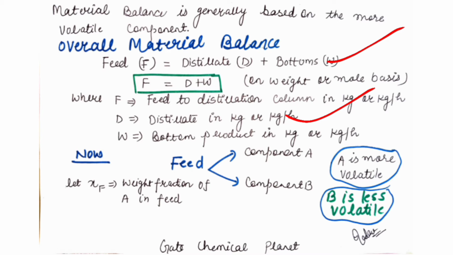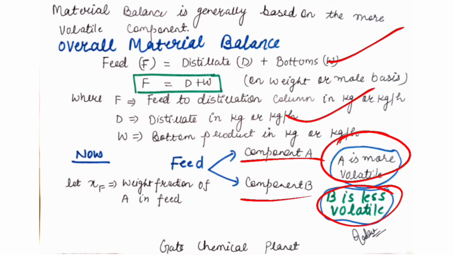It is very important to note that as feed consists of two components, component A and component B, where A is more volatile and B is less volatile, XF is the weight fraction of A in feed. It means XF is the weight fraction of the more volatile component in the feed.